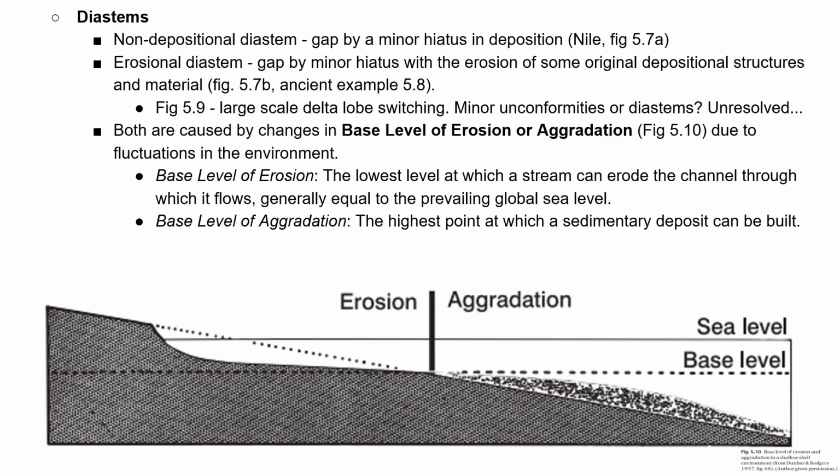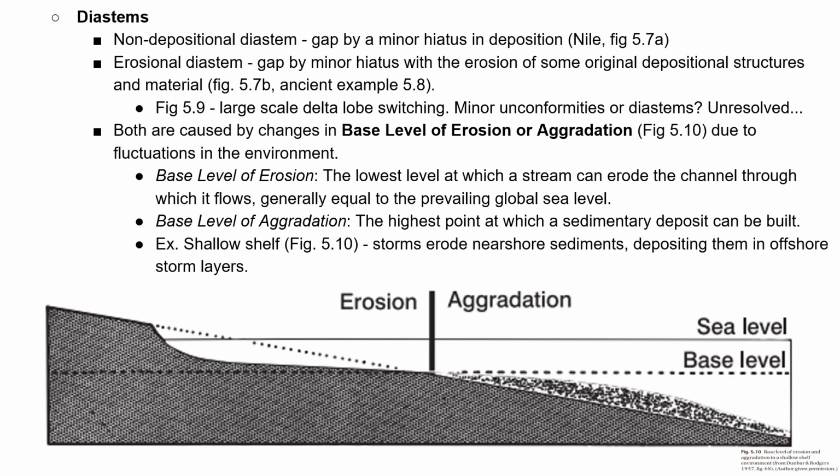We don't see erosion going down below the base level, and we don't see sedimentation going higher than that base level, and it is relative to sea level. It's not at sea level, it's relative to it. So you can have a shallow continental shelf. Storms will erode nearshore sediments, throws them offshore in these storm layers, but not higher up than where they were initially deposited.